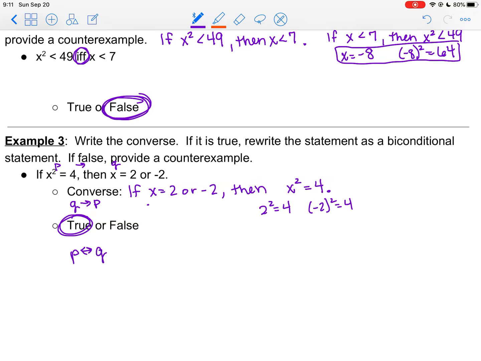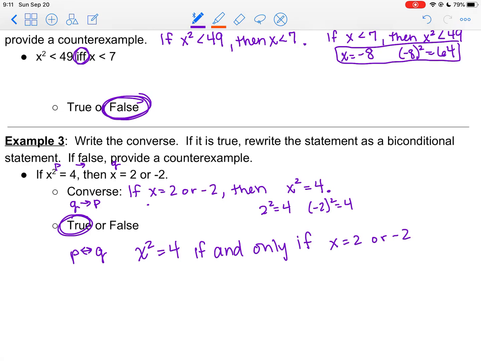Whenever you do if and only if, you take out the if-then part, so we just start with the P. That says x squared equals 4. And then for a biconditional, we use that phrase, if and only if. And then we put our conclusion, x equals 2 or -2. So x squared is 4 if and only if x equals 2 or -2.